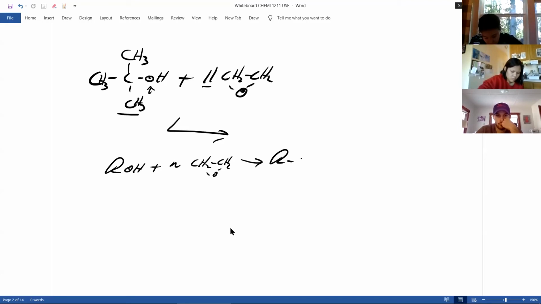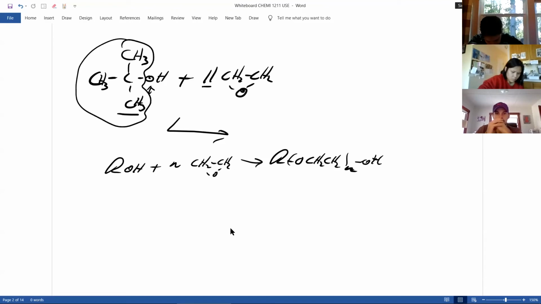And you get this polyether alcohol. And what's my R group? A t-butyl group, so I'll write it. Which carbon of the t-butyl group has the hydroxyl group? That will be the carbon bonded to this oxygen in here.